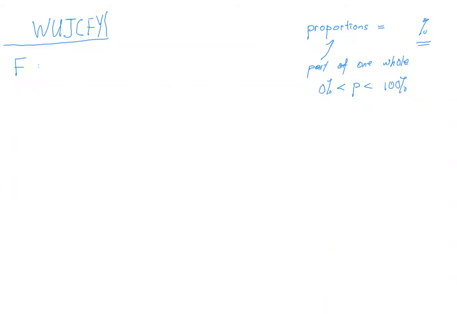Another thing you have to remember is if I put in a number, the highest is 1 and the lowest is 0. So proportion will never be more than 1, and never be less than 0. These are the things about proportion that you have to remember.